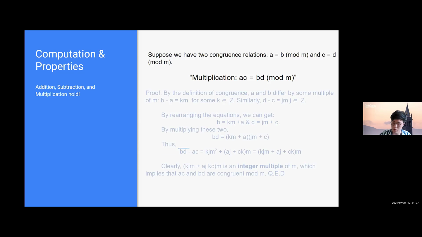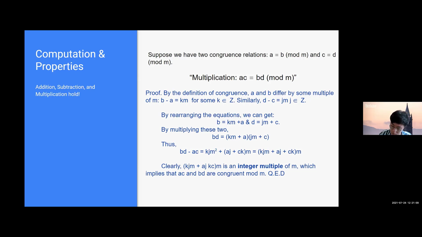So it's a pretty similar proof. By the definition, it's the same setting. B minus A is an integer multiple of M, and D minus C is also an integer multiple of M. If you rearrange the equations, you get B is equal to Km plus A and D equals Jm plus C, by moving A and C to the right-hand side.